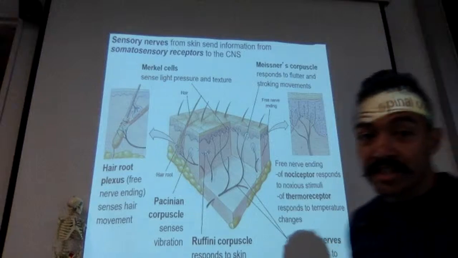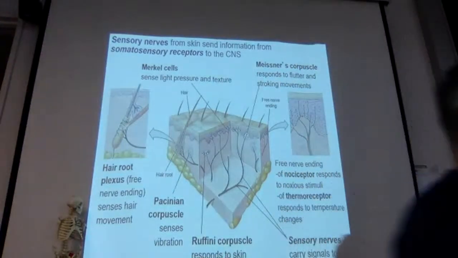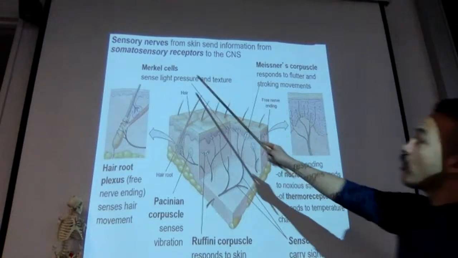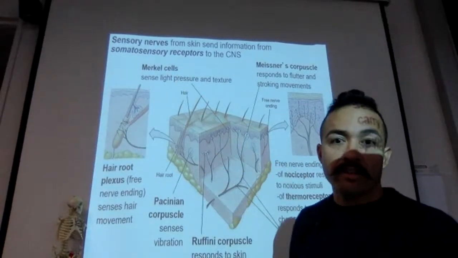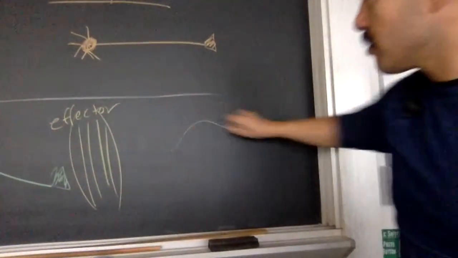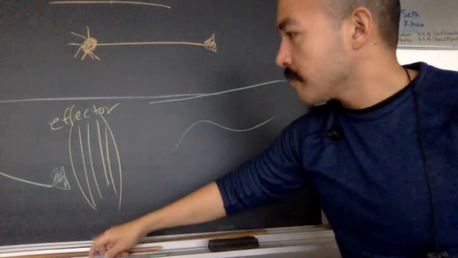We've talked about a bunch of different receptors, so just to recap and to add a few more, for somatosensory receptors, Merkel cells are special receptor cells. So what that means is, this is your epidermis, your stratum basale.